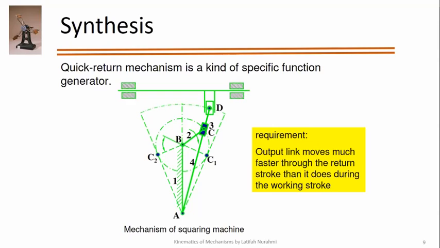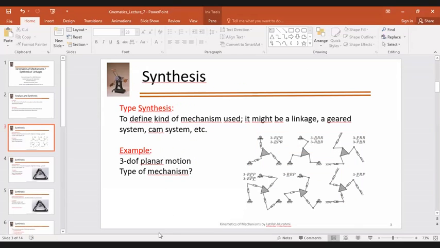Now, the quick return mechanism is a kind of specific function generator. Here you are seeing the mechanism of a squaring mechanism. Let me show you a video before going on.